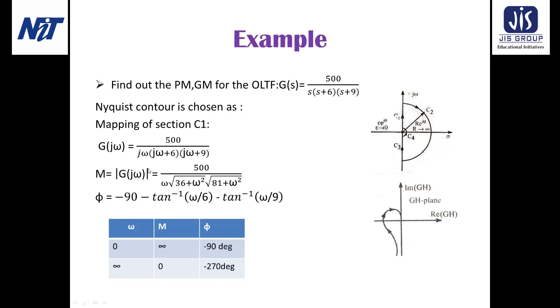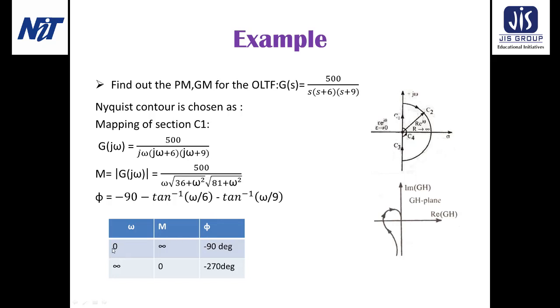So for a single pole at the origin, the angle contribution is minus 90 degrees. For the next term, it is tan inverse ω by 6, and for jω + 9, the angle is tan inverse ω by 9. Now we vary the value of ω from 0 to infinity and calculate the magnitude and the phase with respect to these values.